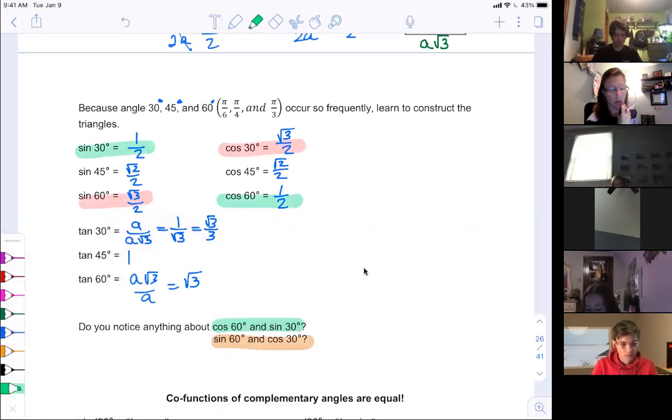Jeremy, what do you notice about those values? They're the same. Yeah. So the cosine of 60 and the sine of 30 is 1/2. The sine of 60 and the cosine of 30 is root 3 over 2. But they're both the same.